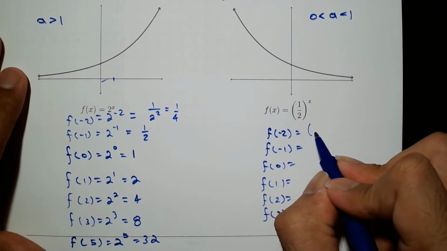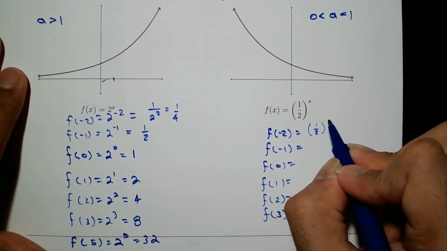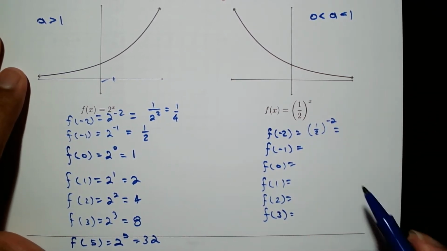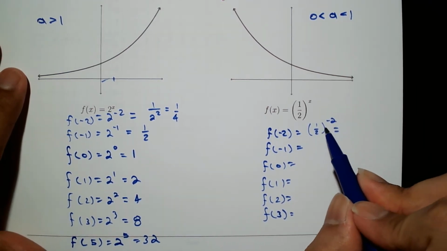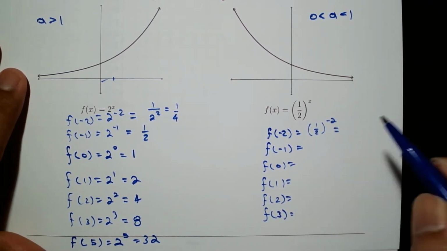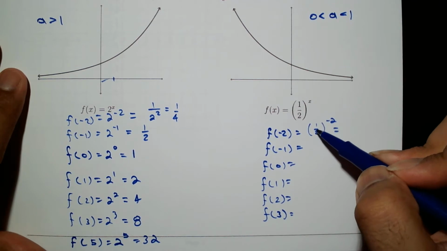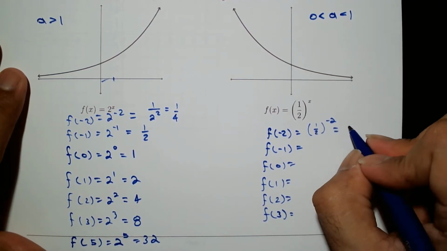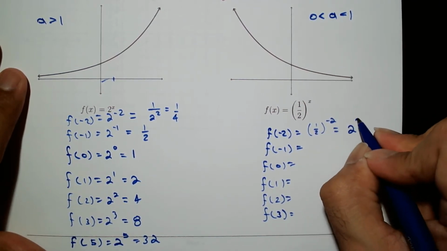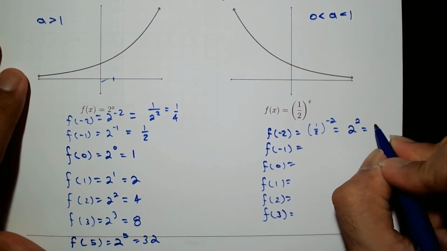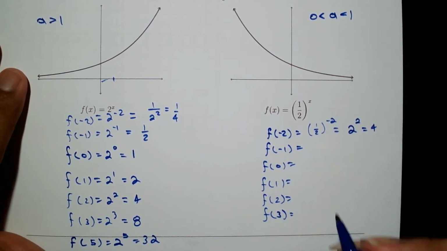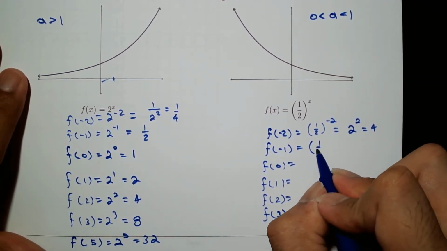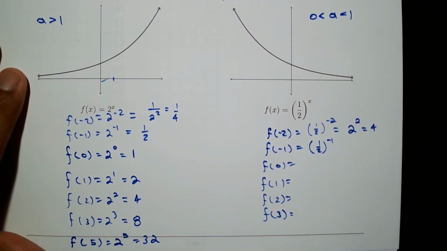So I'm going to write 1/2 to the -2, which is the same as saying, every time we have a negative power, we can flip the fraction inside and change the exponent to positive. That's going to be 4. We do the same here, 1/2 to the -1.